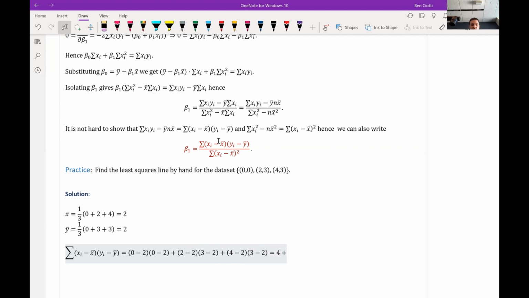So this is 4 plus 0 plus 2, which is 6. So I've computed the numerator of beta 1.